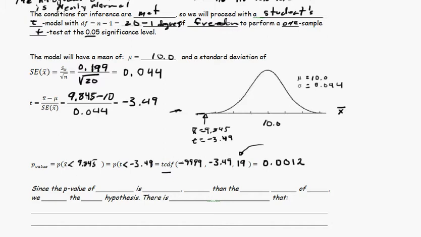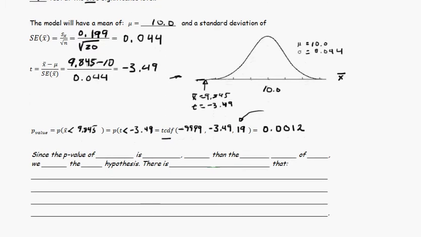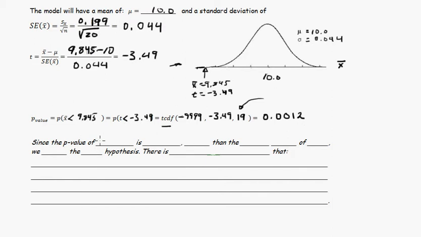Okay, so that's pretty small. Okay, so since the p-value of 0.0012 is small, less than the alpha level of 0.05, we reject the null hypothesis.